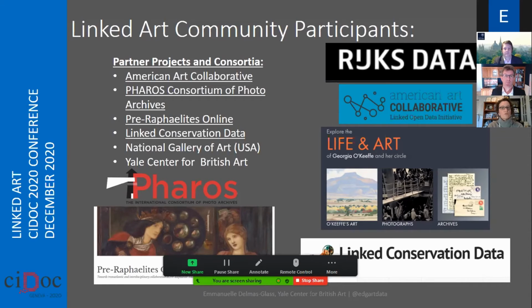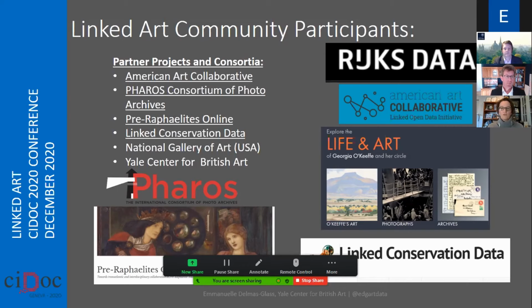The Frick Consortium of Photo Archives is also looking at some aspects of the linked art data model for its consortium of 14 institutions. The Pre-Raphaelite Life Online is clearly a fine arts project looking at leveraging linked art.